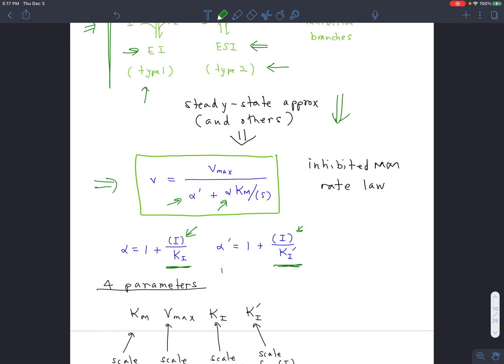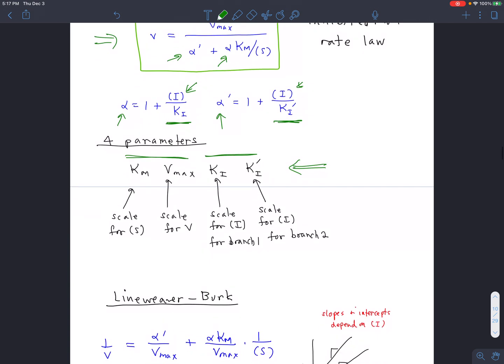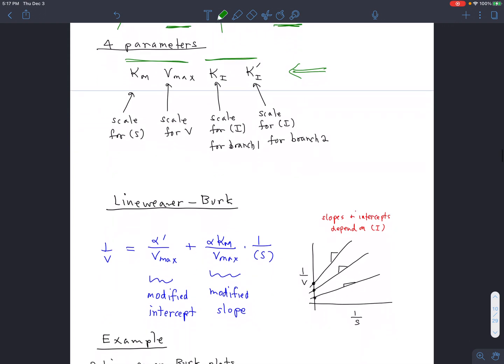Alpha prime reflects the effects of branch 2, and alpha reflects the effects of branch 1. So now there are 4 parameters in our inhibited Michaelis-Menten mechanism. Km and Vmax are the same and haven't changed, but now there are these 2 Kd values basically for binding by the inhibitor in one place or the other that we also need to find if we want to get the parameters for this model.